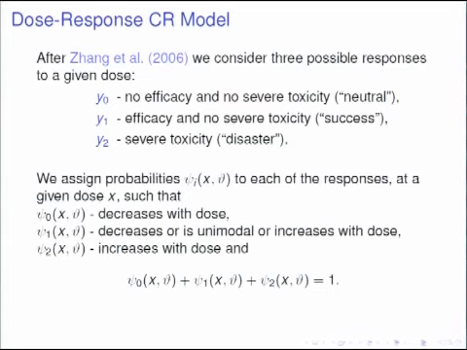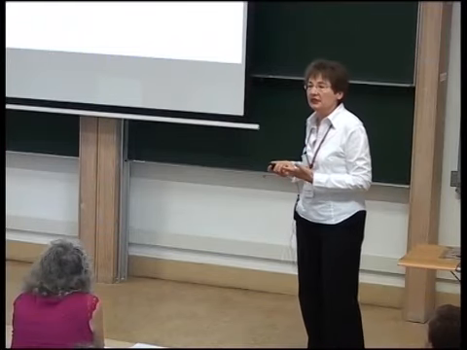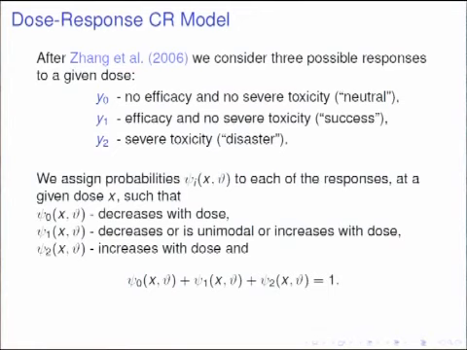I will show an example of the unimodal, but it may be decreasing, unimodal, or increasing. And I think it's most natural to assume that the probability of toxicity, psi 2, is increasing with dose. And of course, all of these have to sum up to 1.